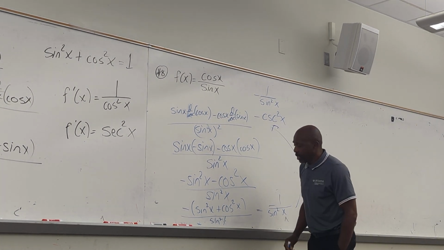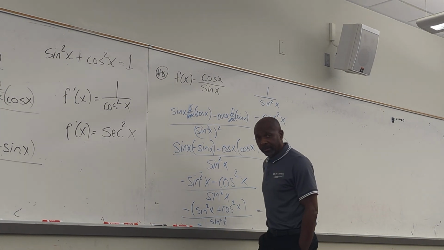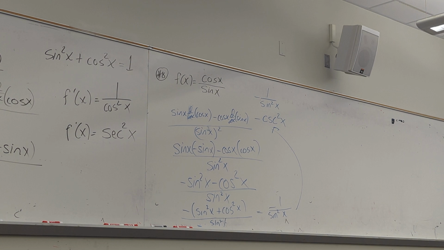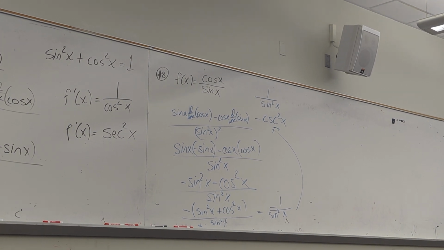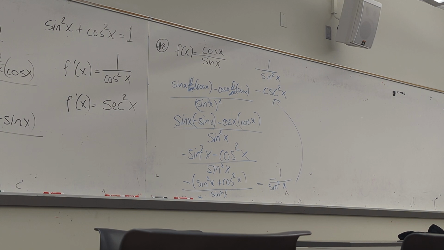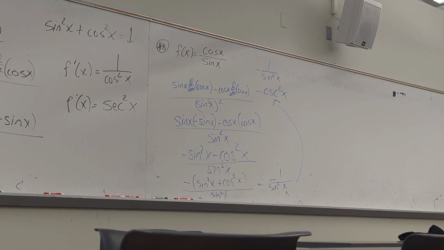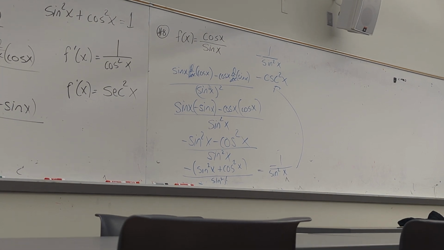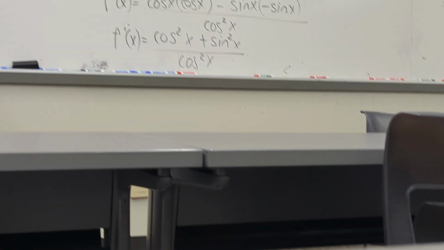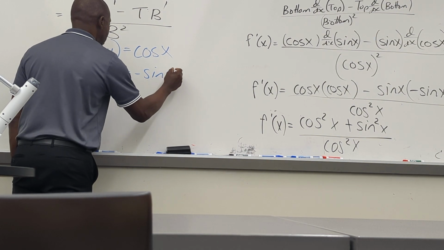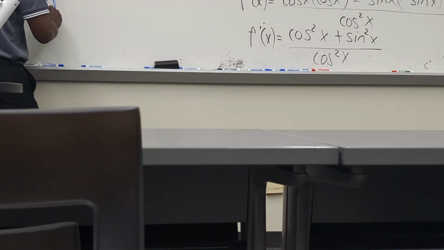So what my class know now, do we not, class? We know that the derivative of, what's the derivative of sine x? Cosine x. What's the derivative of cosine x? What's the derivative of tangent x?